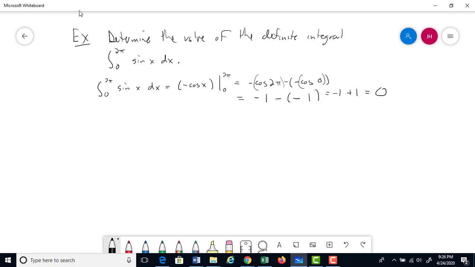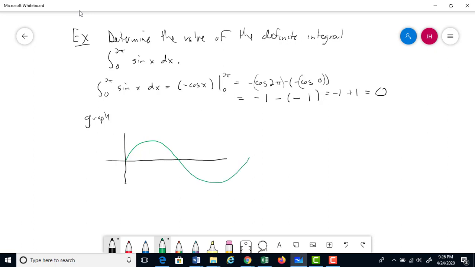Which is strange because when you look at a sine function, you know that it's not just 0 all the time, so why am I getting a 0 output for an area? Well, what's happening here is the graph for the sine function looks like this. So we have a graph that goes from here and then to here.